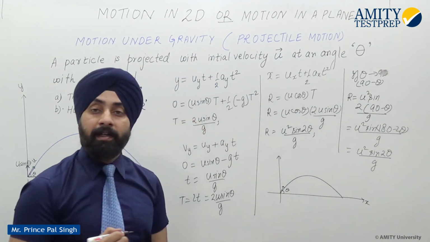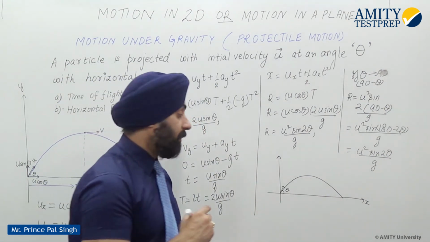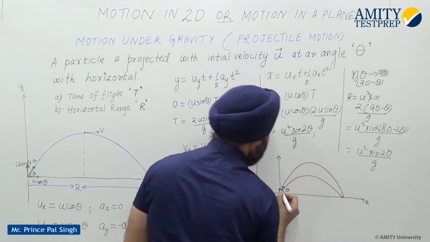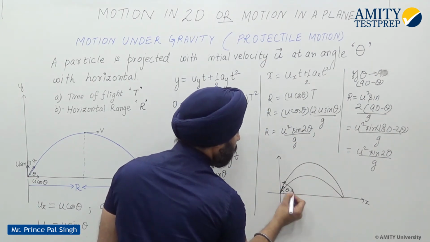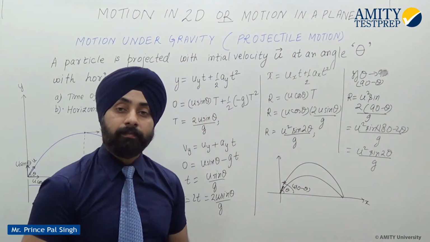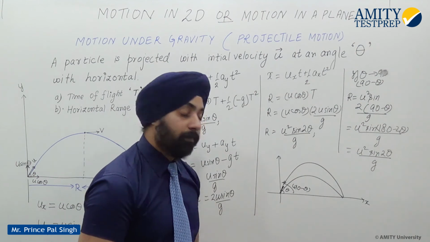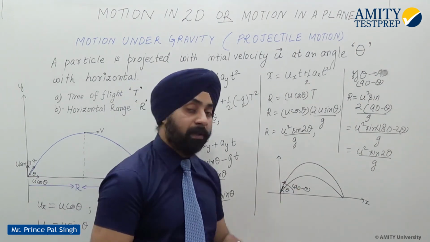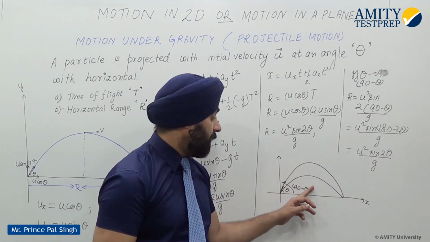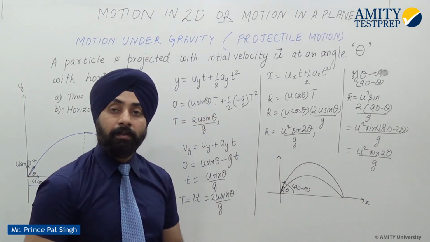So if I throw the particle at 90 minus theta, again it will fall at the same distance. In this case, the angle of projection is 90 minus theta. So the range is same, but the time of flights will be different. In this case, the time of flight will be more, and in this case, the time of flight will be less.